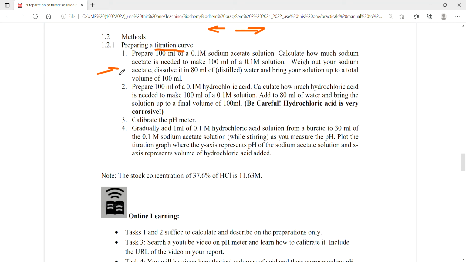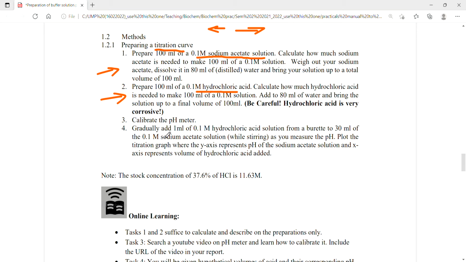First, you have to prepare the 0.1 molar sodium acetate buffer. Please look at the video I already uploaded on preparation of such a solution by using the most appropriate equation. Then you also need to prepare 0.1 molar hydrochloric acid.